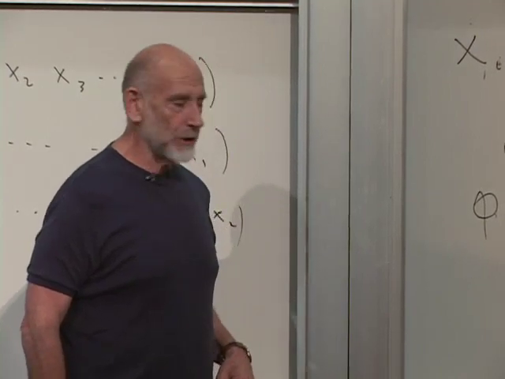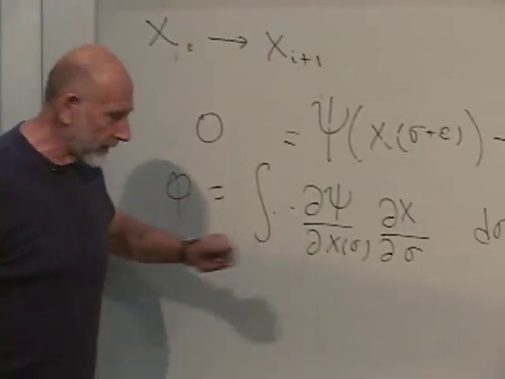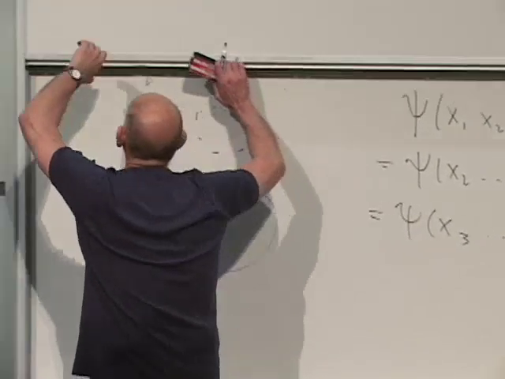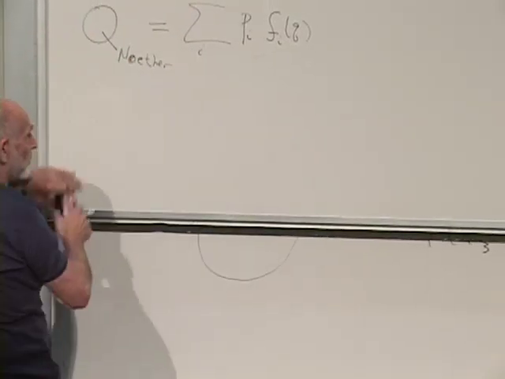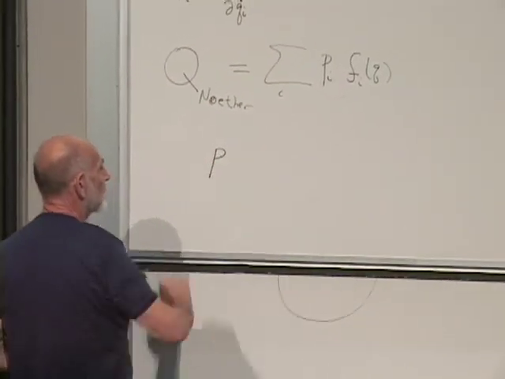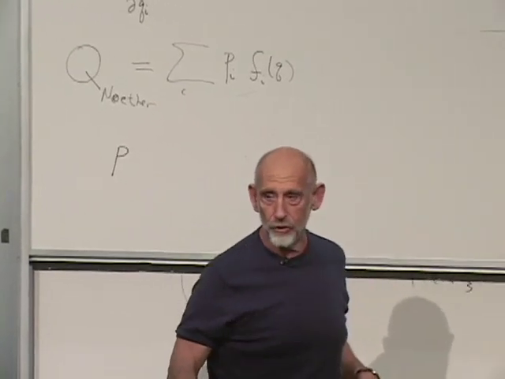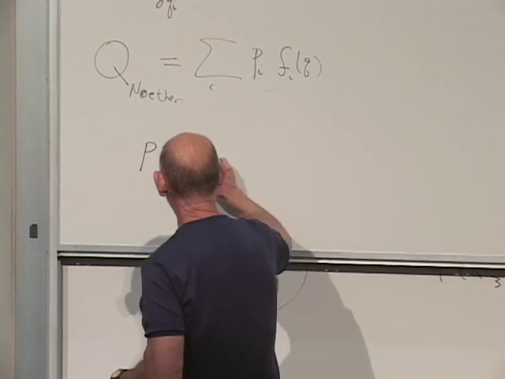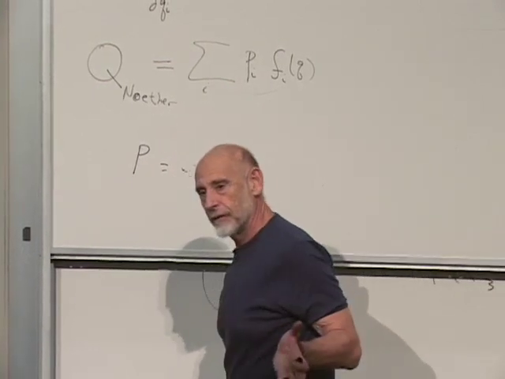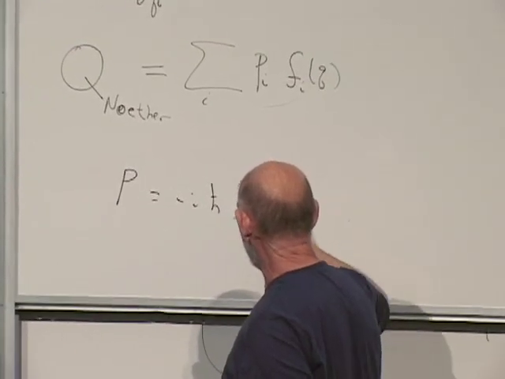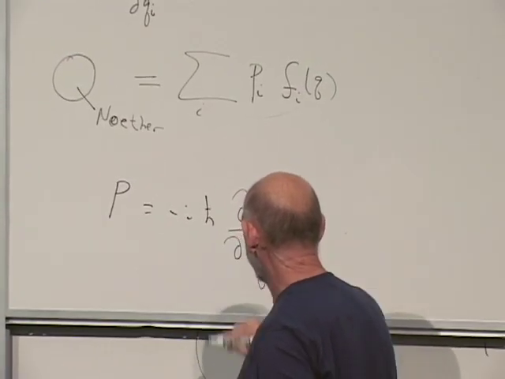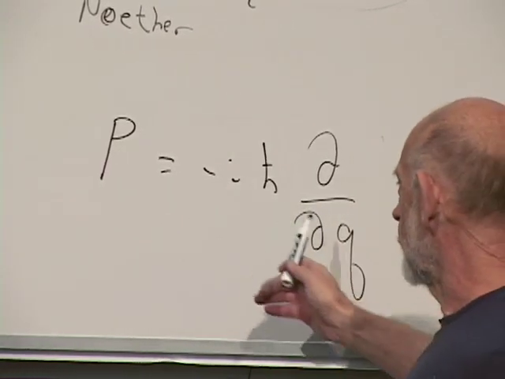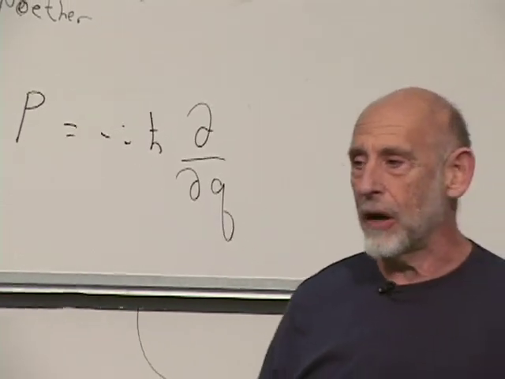Now, what is dx by d sigma? What is d psi by dx? Let's go back to quantum mechanics. In quantum mechanics, we again have p's and q's. But how is a p related to the corresponding q in quantum mechanics? p is minus i h bar times d by dq. The action of a momentum on a wave function is to differentiate it with respect to the corresponding coordinate.